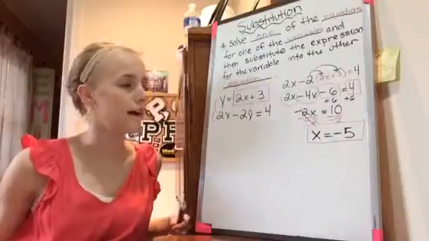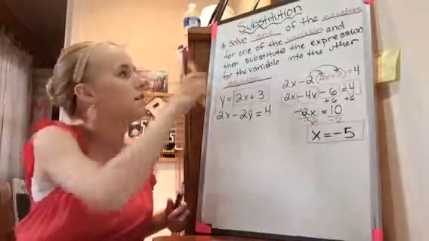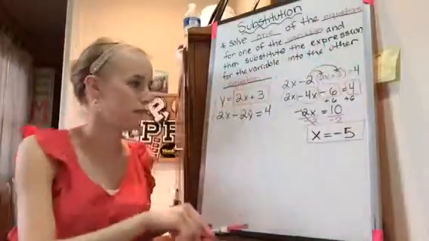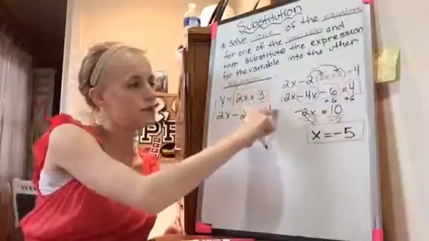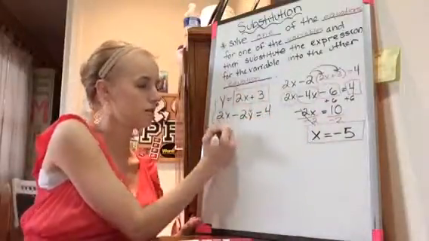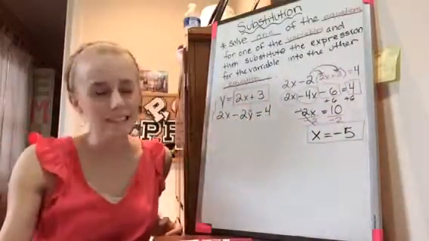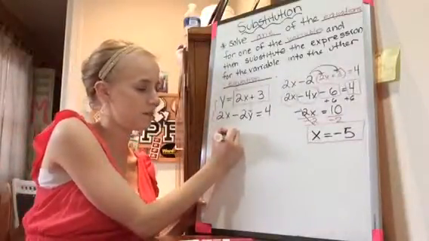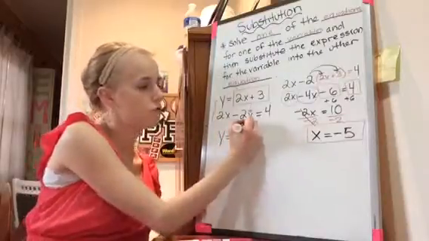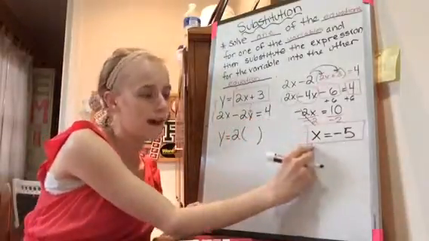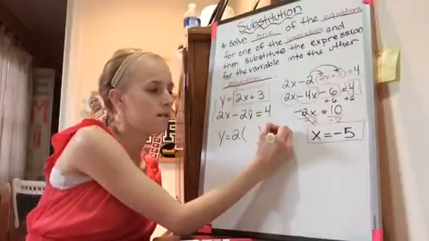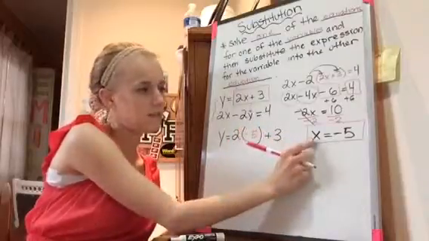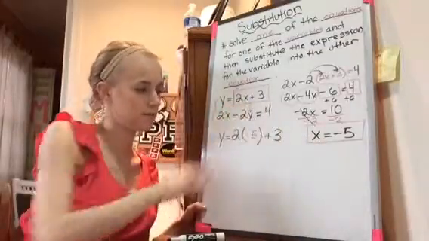All I have to do then is plug that back in, then substitute the expression for the variable into the other equation. So since I used this one to find my x, I'm going to go back here, although it really doesn't matter which one, but it's easier to plug in here. I'm going to say y equals 2 times, well, what is x? Negative 5, plus 3. So let me write my negative 5 in, because that's equal to x, and this is where the x is.